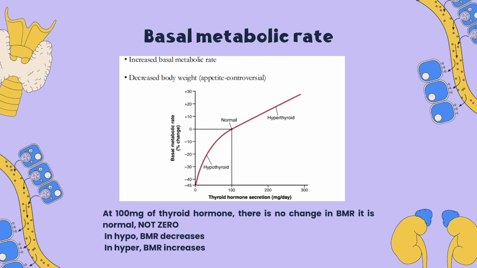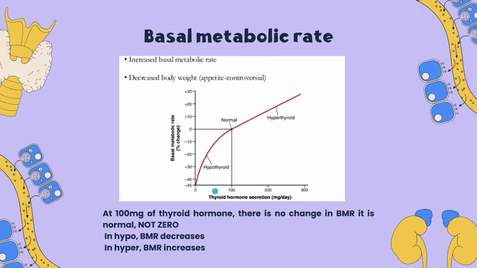Now, obviously, that changes with height and weight. But normally a 70 kilogram person with average height is gonna need 100 milligrams per day. I believe it's for a 70 kilogram male. They're gonna need 100 milligrams per day of thyroid hormone, and that will maintain the normal.